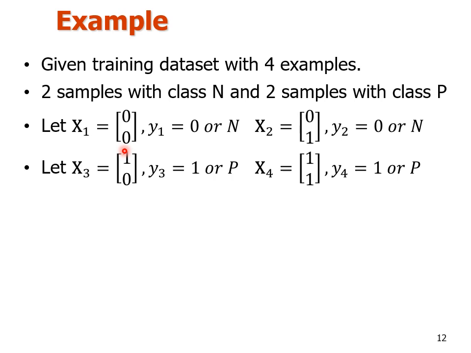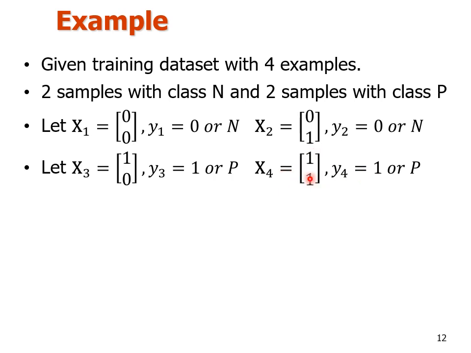Thus the 4 instances are denoted by 4 vectors x1, x2, x3, x4 along with their associated labels or classes. x1 and x2 belong to the negative class, x3 and x4 belong to the positive class. x1 is the sample 0, 0, x2 is 0, 1, x3 is 1, 0 and x4 is 1, 1.